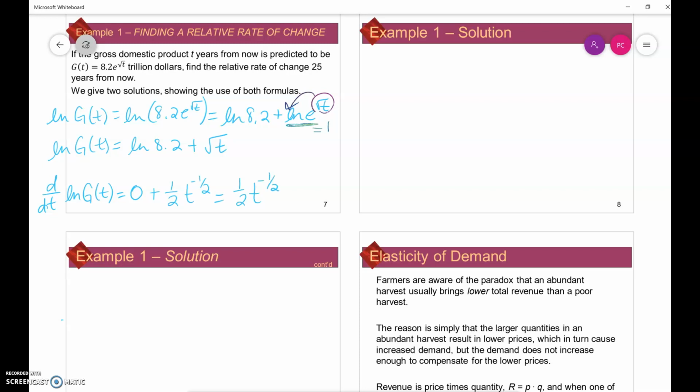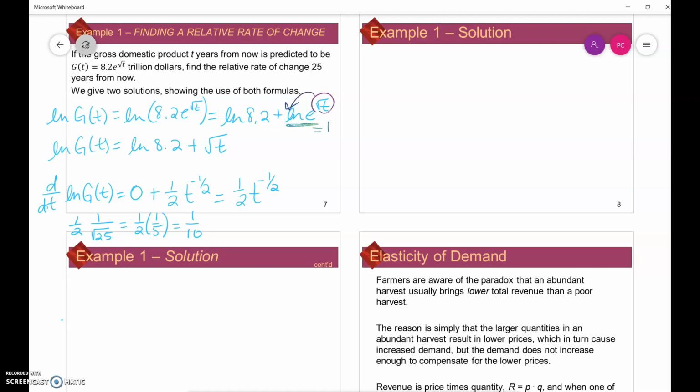Now we want to figure out what that relative rate of change is 25 years from now. Okay, so there's our t value, that 25. And if we plug that in, so plugging this into the derivative, I have 1/2 times 1 over the square root of 25, which is 1/2 times 1 over 5, or 1/10.